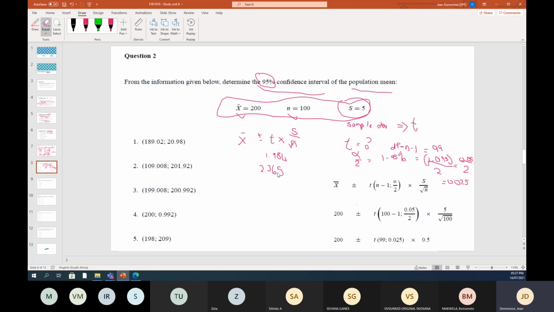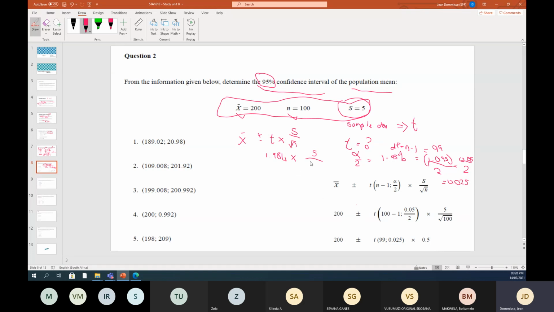Okay. So 1.984 times your sample deviation of 5 divided by the square root of 100.